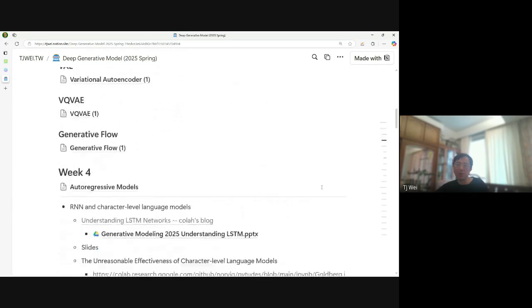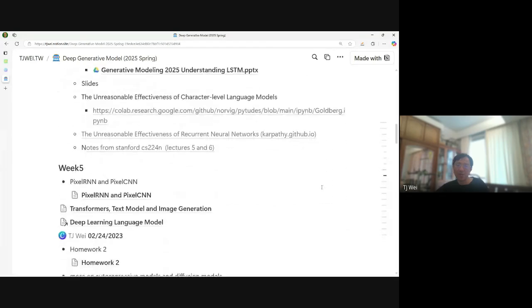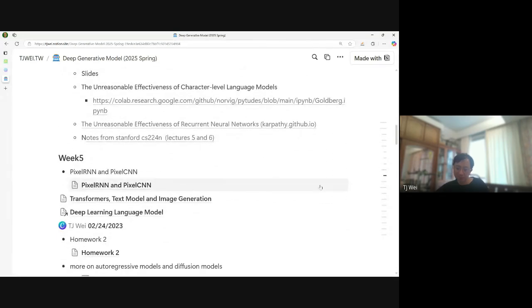Okay, so that is the Pixel CNN and the Pixel RNN, and I think the take-home message is that when we have a tool like autoregressive models, and we want to apply it to different kinds of scenarios, there will be a lot of different options.